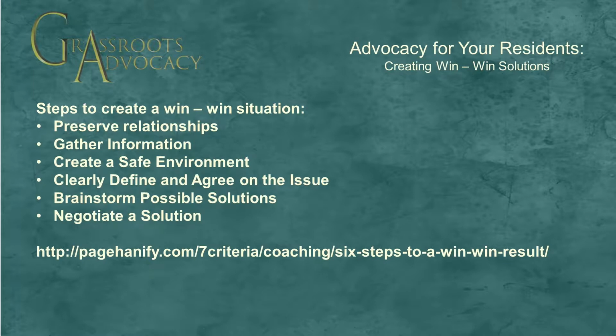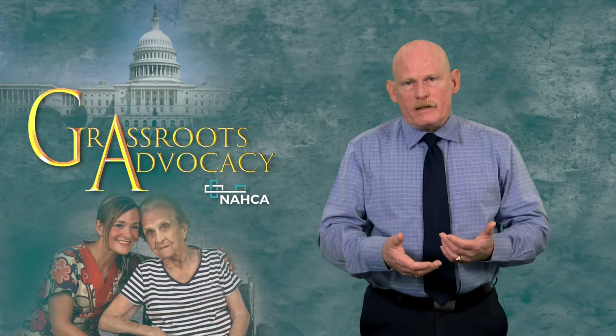The next thing that you want to do in terms of this 6-step process is to think about clearly defining and agreeing on what the core issue is. So in the example that we've been using throughout this episode, the core issue is that Mr. Brown needs to bathe in order to maintain health, hygiene and healthy skin integrity.